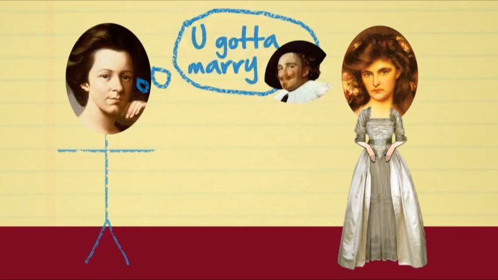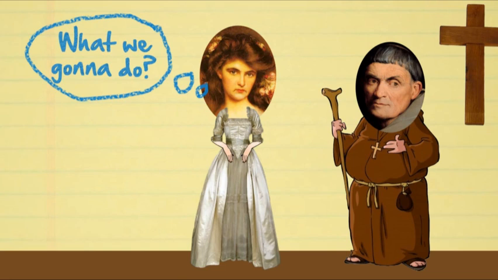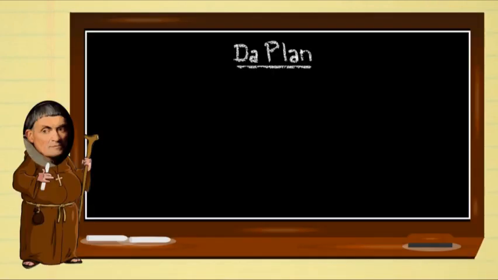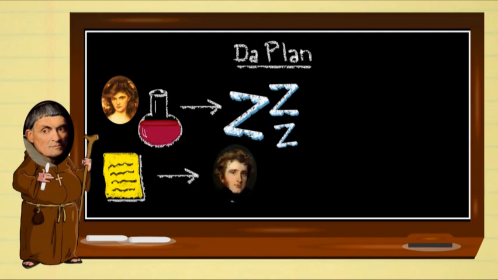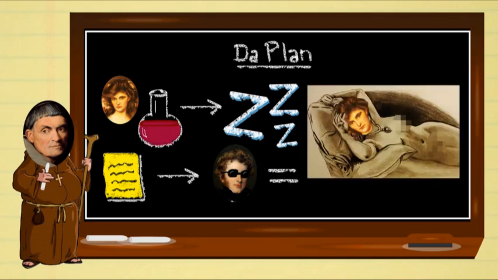When Juliet's mama says she gotta marry some candy-ass scrub named Paris, Juliet gets all torn up and hits up Friar Lawrence for some help. Friar Daddy comes up with a plan to fake Juliet's death by giving her some juice that makes her take a long-ass nap. Then he's gonna write Romeo a letter saying all he has to do is play it cool, and once Juliet wakes up, Romeo will have a lifetime supply of poontang.